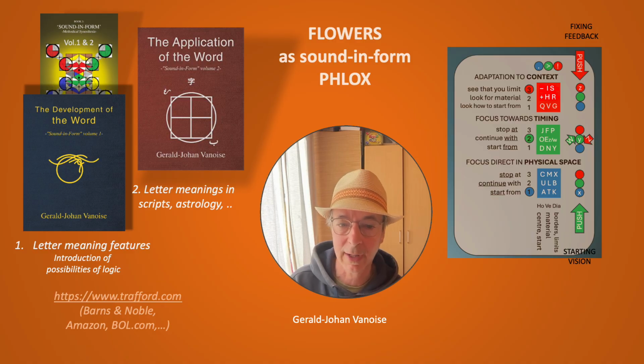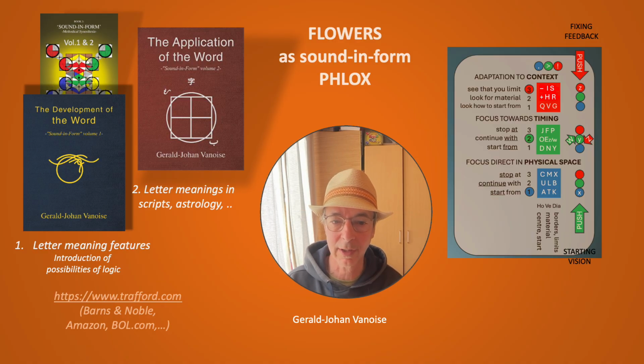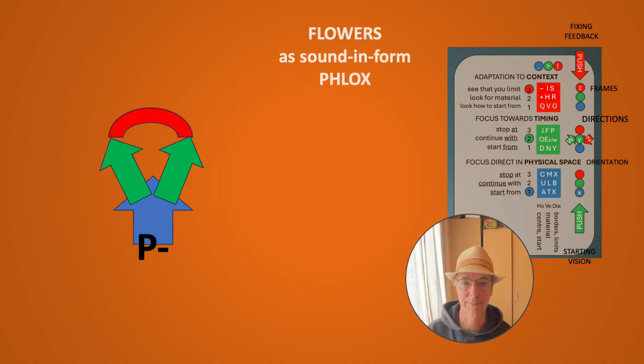So let's find out if PHLOX can be derived to a sound in form image. The P, if you look at it in my scheme, is like an end goal of a direction. So it will end in a certain surface which stands out like that. And of course, if you look at it from the whole position of everything that can exist, I could add the first direction.